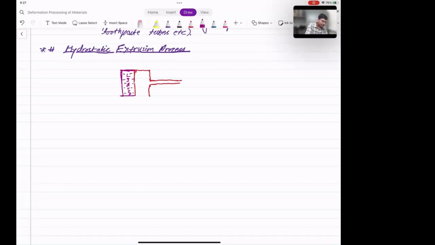And here the ram presses it. This is our ram. This was the billet.